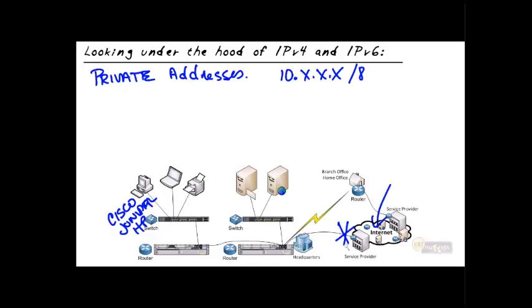Another private address range is 172.16 through 31.x.x, and that's a /12, meaning that the first 12 bits are the network range. So if you see any IP addresses that start with 10 or start with 172.16 through 31, you know that those IP addresses are in the private address space.